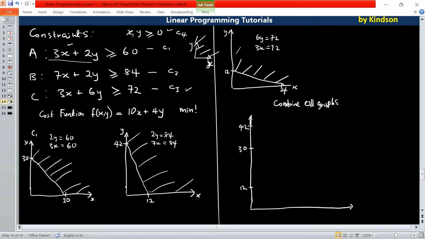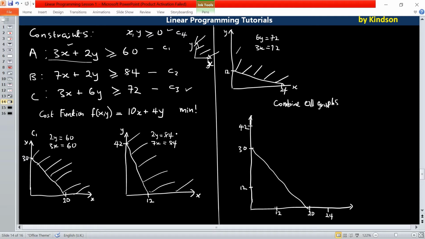Okay, for the x-axis we have 20, we have 12, we have 24. So let's start with 12. So this is 12, and this is 20, and this is 24. So for C1 we have 30 is to 20, so drawing from 30 to 20. Hope I get it straight. Okay, not very straight.